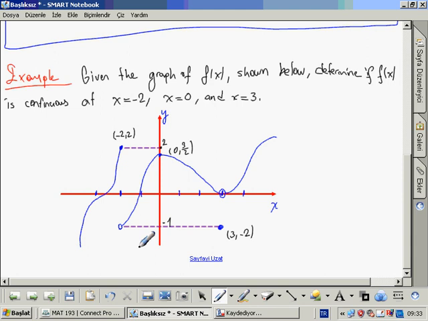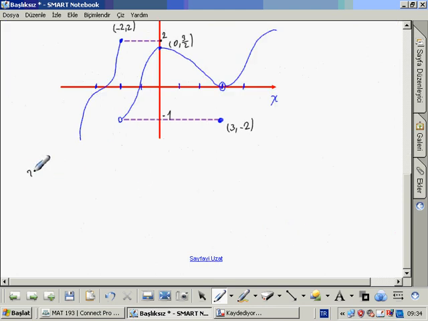Okay, and so if they are equal, the function is continuous at the point, and if they aren't equal, the function isn't continuous at the point. First, let me look at x equals -2, okay?